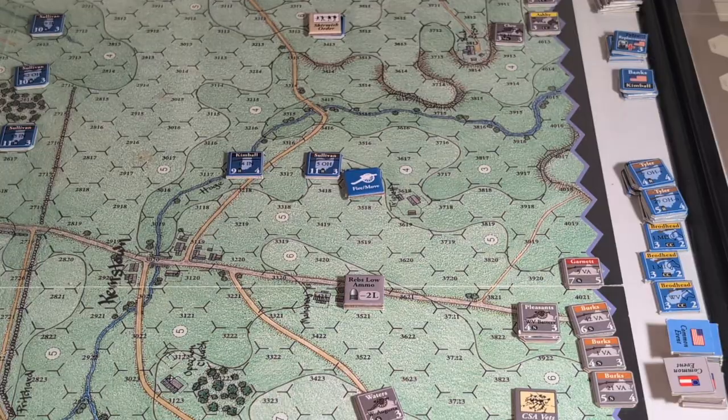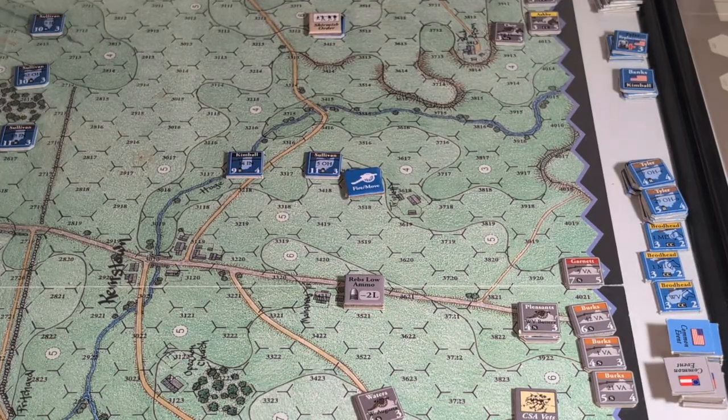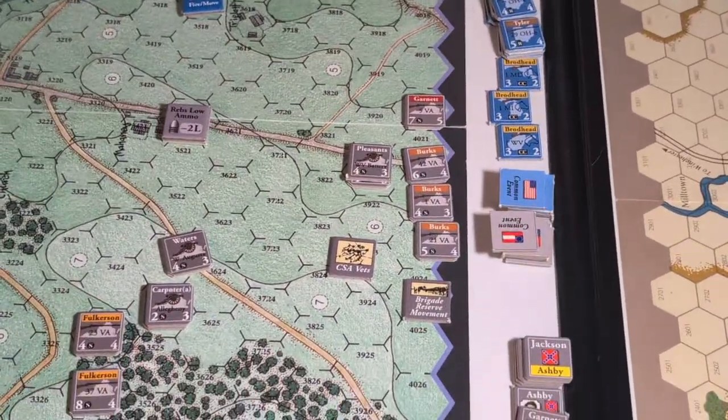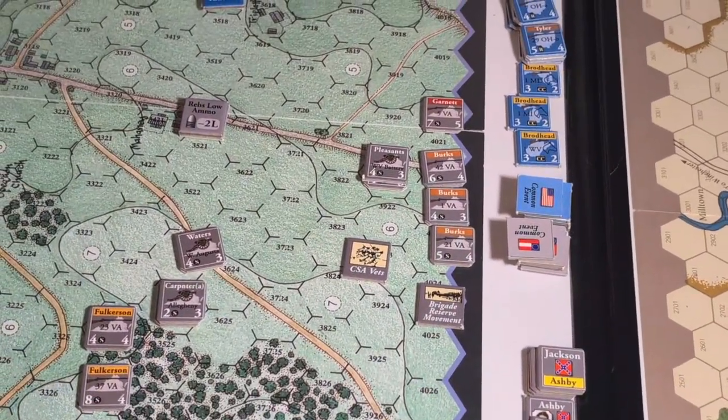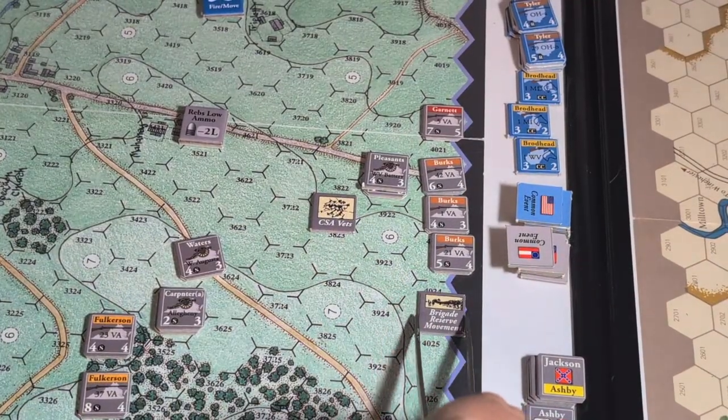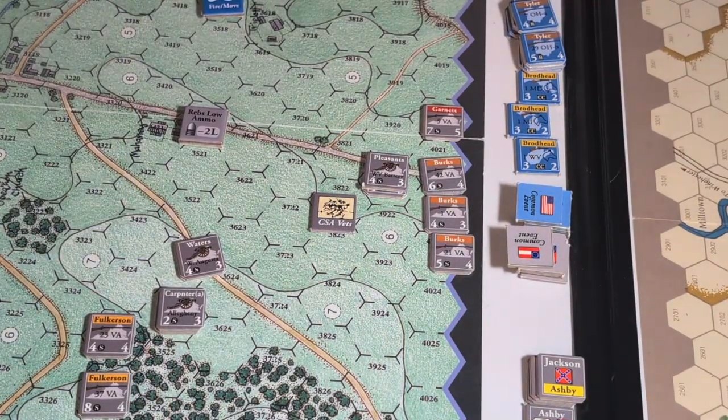Okay. So the 1st and the 21st are not frozen. So we're going to move them. It's going to be these two. So they can move 6.